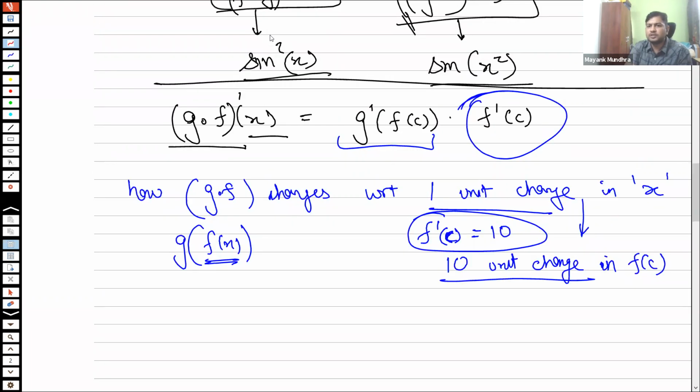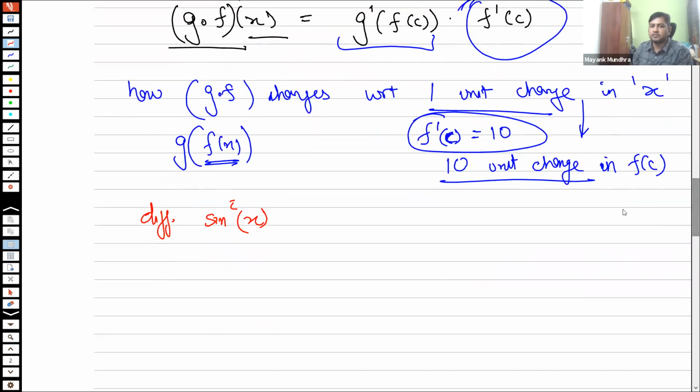So how do I use that? Come back to this function, and suppose I want to differentiate sine square of x. I know sine square of x is sine of x whole square.